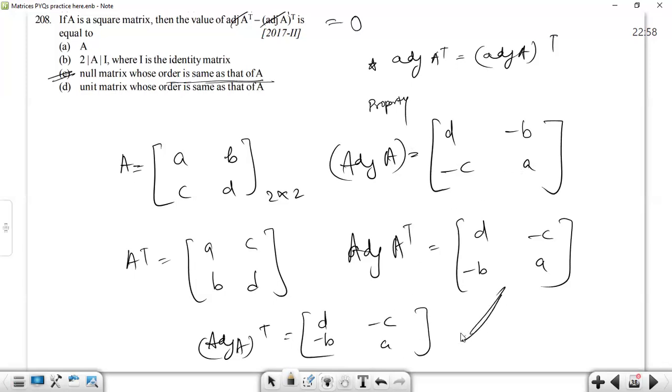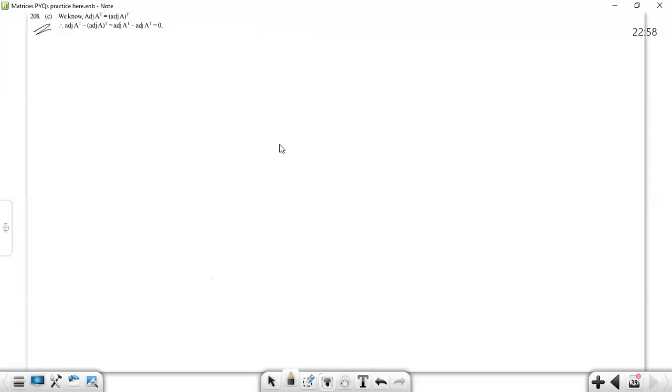Now, are they the same? Yes, they are the same. So this is how you can also take any example and find out the same. And please take an example of a 2 by 2 matrix only, because that's easy to solve. Clear, everyone? Yes, sir.